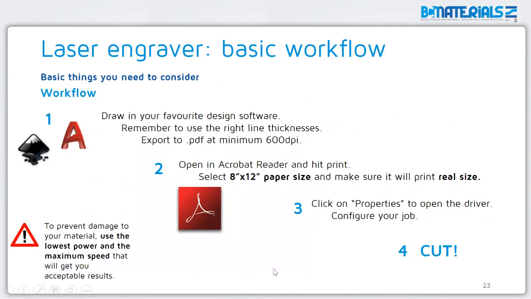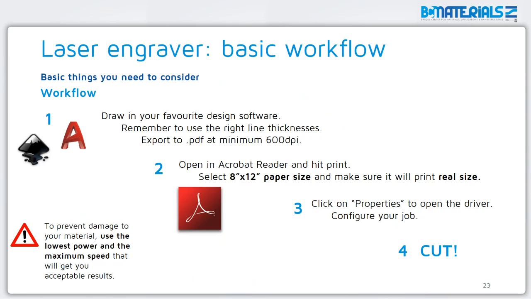So the workflow is as before. You draw either in a CAD software or in Inkscape. You draw whatever you need to process. When you create it, you need to export to PDF. Then when you create the PDF, make sure the resolution is at least 600 dots per inch.